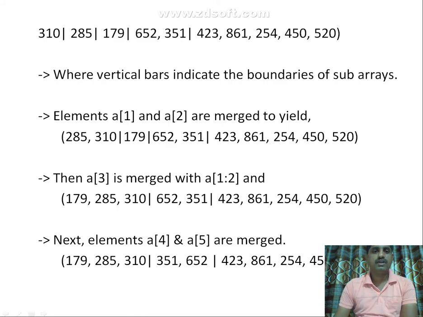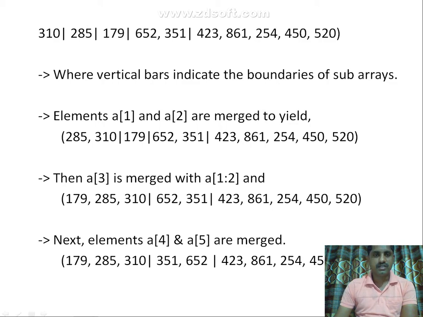So 310, 285, 179, 652, 351, 423 likewise. This is the first one, where the vertical bar indicates the boundaries of subarrays. Now the elements of A[1] and A[2] are merged to yield 285, 310.